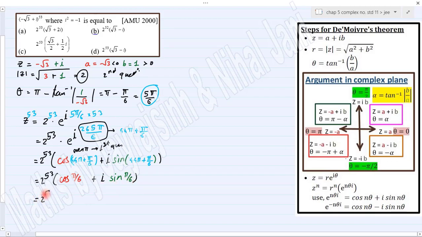Or if we substitute the value of cos and sine, you will get root 3 by 2 plus i times 1 by 2. So finally we get z raised to 53, which is 2 raised to 53 into (root 3 by 2 plus i times 1 by 2), which is given in option C. Ta-da!